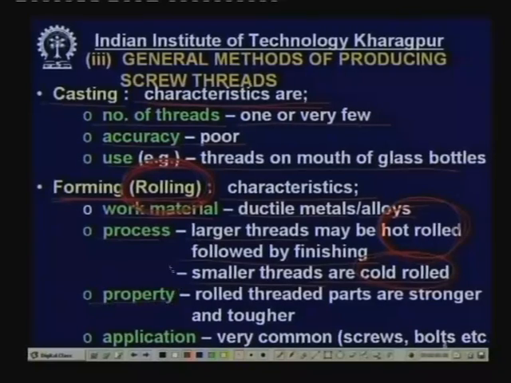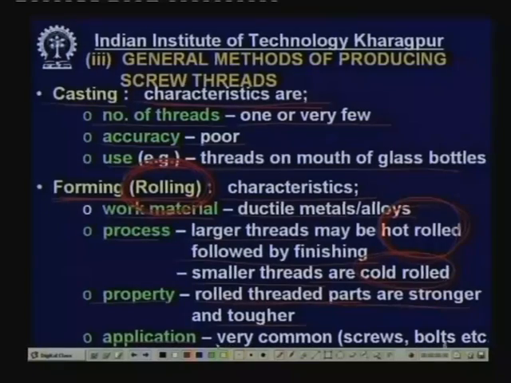Properties of threads produced by rolling: rolled threaded parts are stronger and tougher, because in machining the threads are cut, material is cut, and a lot of stress concentration can develop here and there. But in rolling the material is not cut, it is just formed, deformed or displaced, so strength and toughness remain.